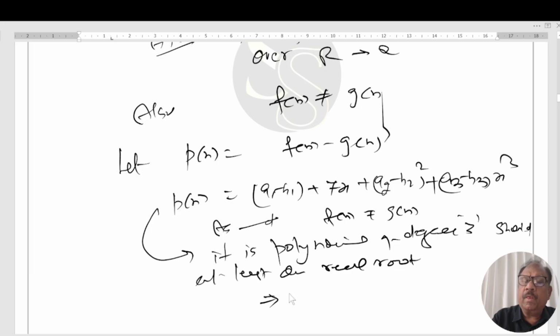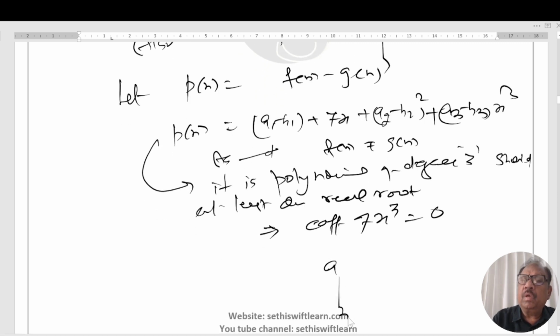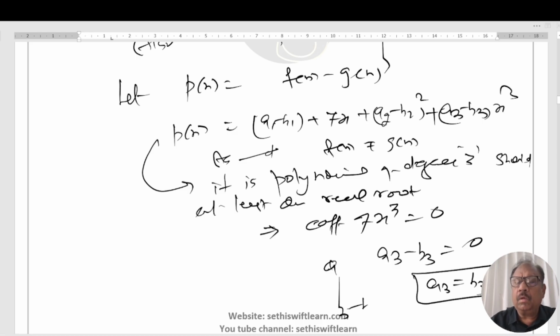So therefore, the coefficient of x cube should be equal to 0. That is a3 minus b3 equal to 0. That is a3 equal to b3. Right. Further. Now marking this as equation A.